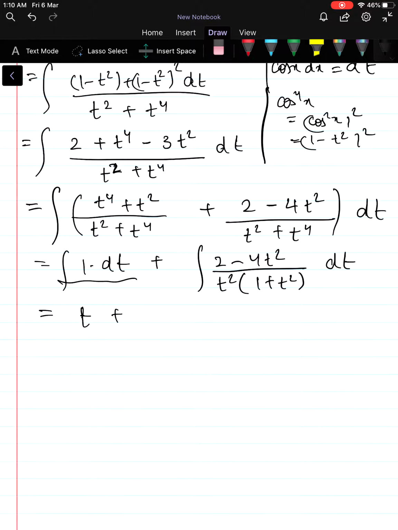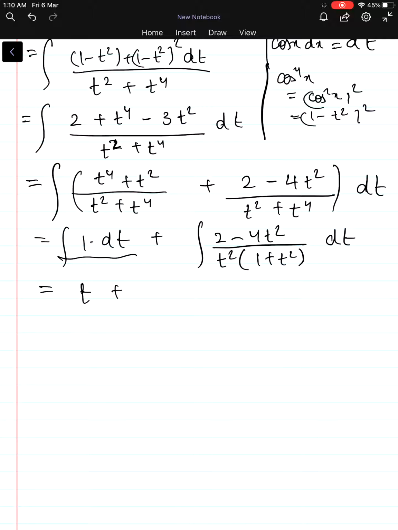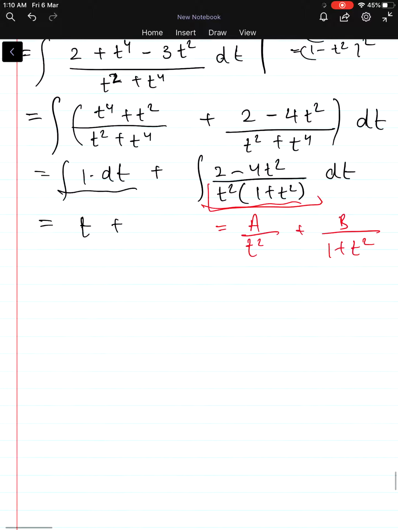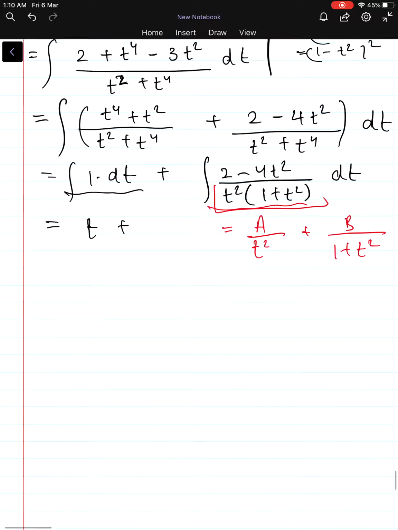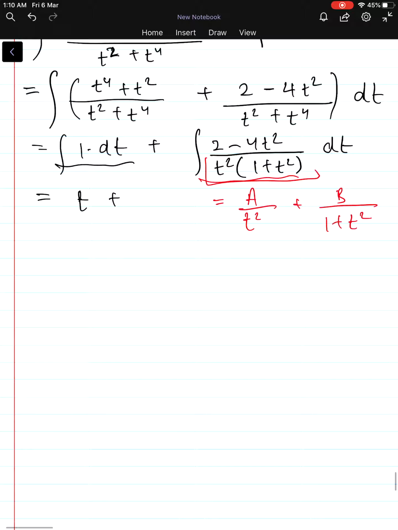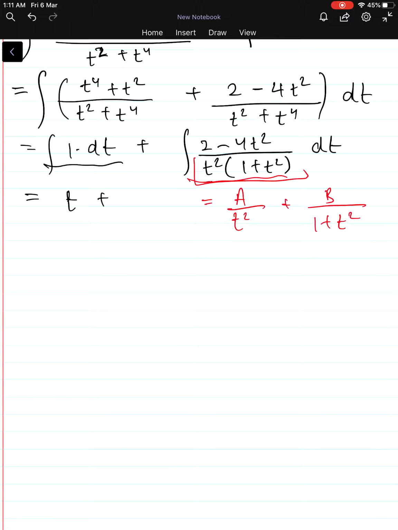For the second part, we write it as a by t square plus b by 1 plus t square. We put t square equals 0 here to get 2 by 1 equals a, and again we put t square equals minus 1.